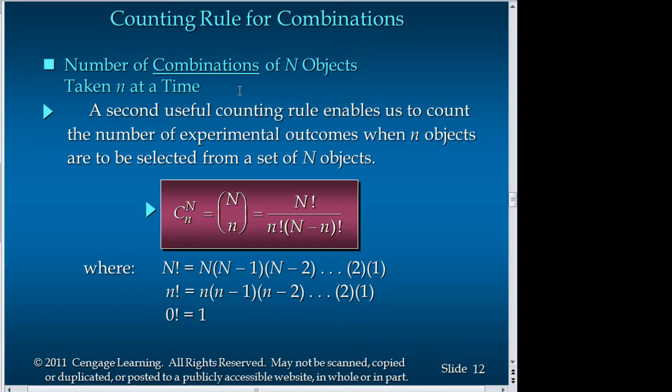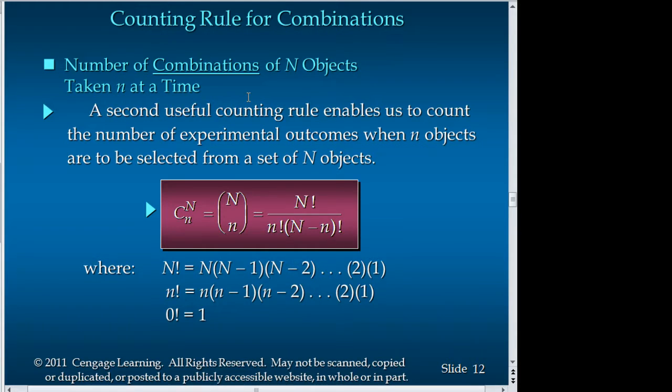This should be used in a case where, let's say, you have 10 books and you decide to take 4 books when you go to the library. You have 10 books, this would be the uppercase N, and you're going to take 4 books, which is the lowercase n at a time.